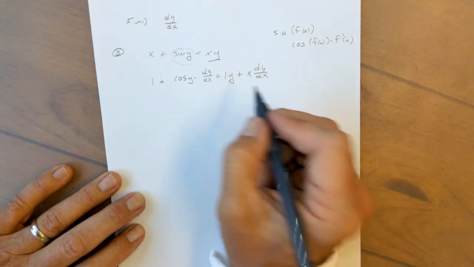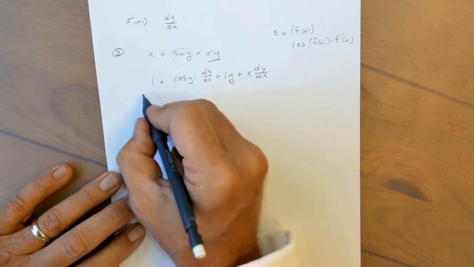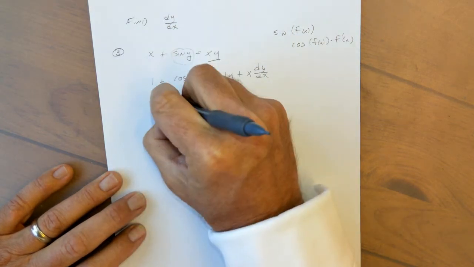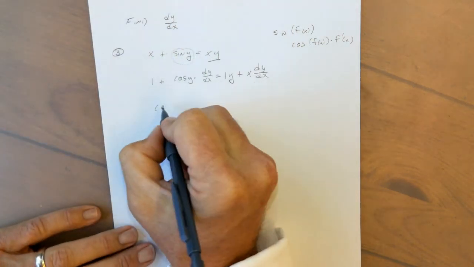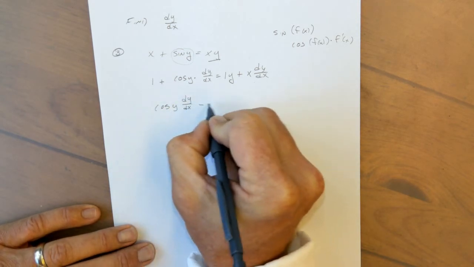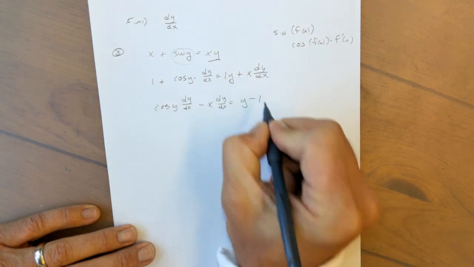Doesn't matter which side you want to go to. So I'm going to subtract the x dy/dx and subtract the 1. So we have the cosine of y dy/dx minus x dy/dx equals y minus 1.